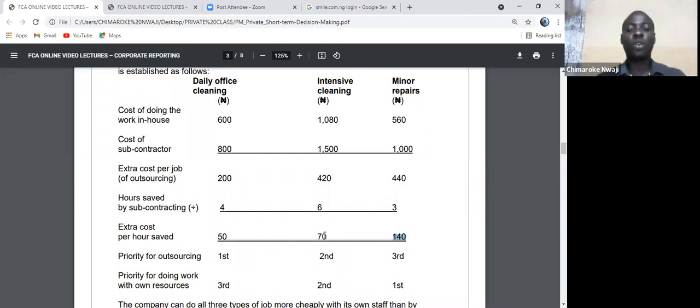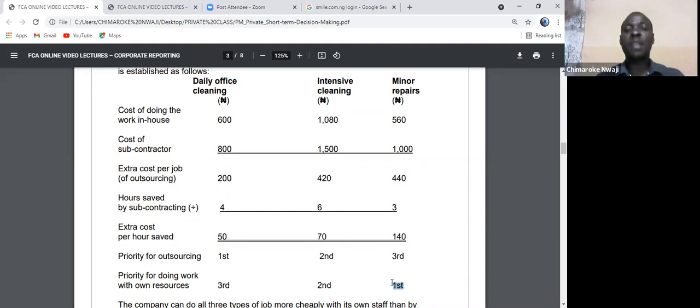If you are to do the work yourself, you take the work that you will spend the most. So this is extra cost that you are going to be saving in 1 hour. You rather do this one first and save yourself spending this 140.